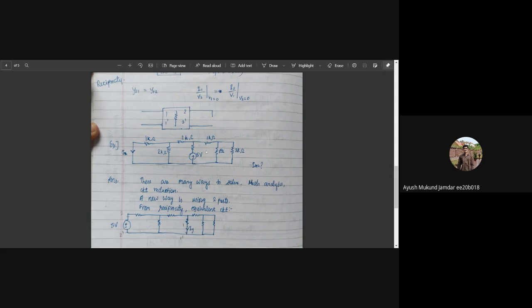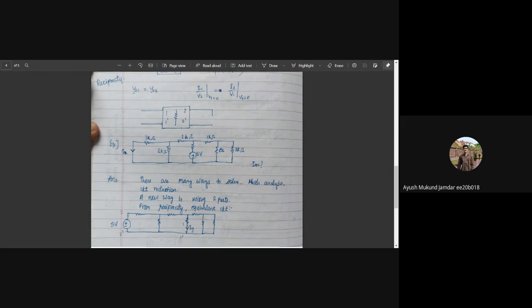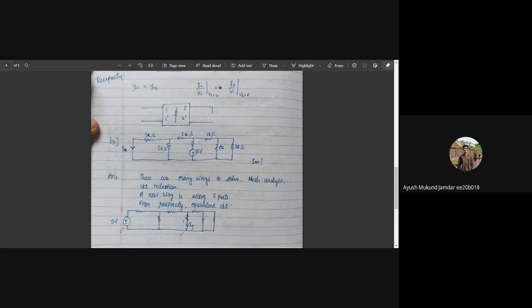We want to find Ix. How can this be done? There are many ways, of course: nodal analysis, circuit reduction, source transformation, and whatnot. But let's try to do it with what we just saw, that is, using two ports.